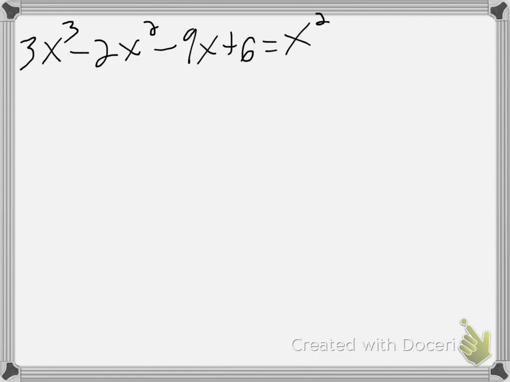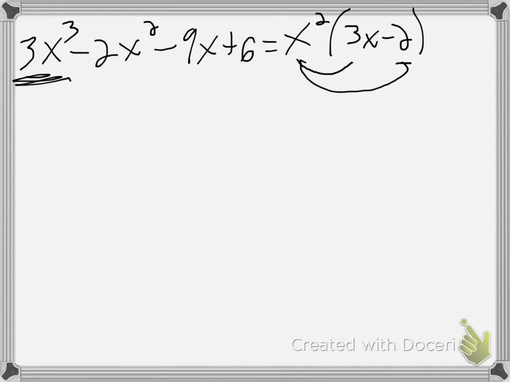That's always going to be your first term no matter what, then parentheses, 3x minus 2. And you get that because x squared times 3x gives you 3x cubed, and negative 2 times x squared gives you negative 2x squared, my fault.